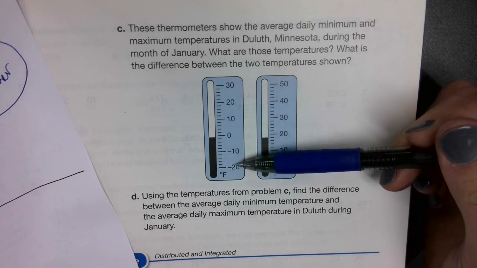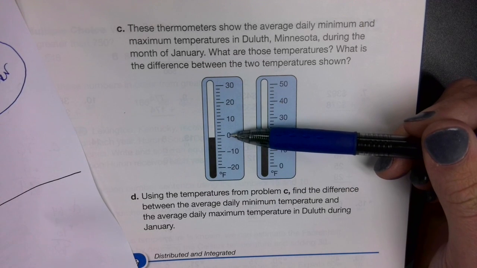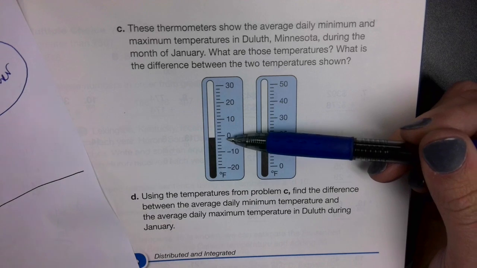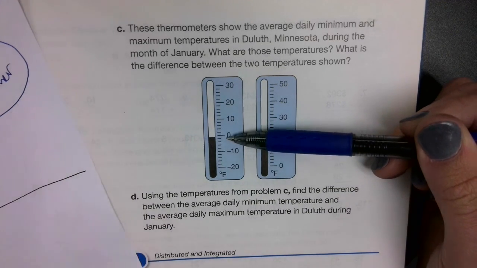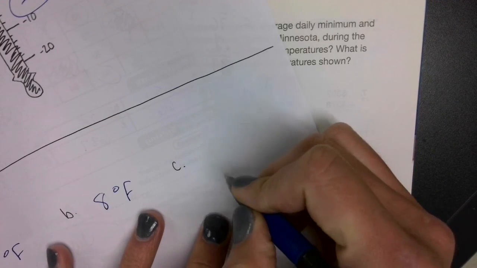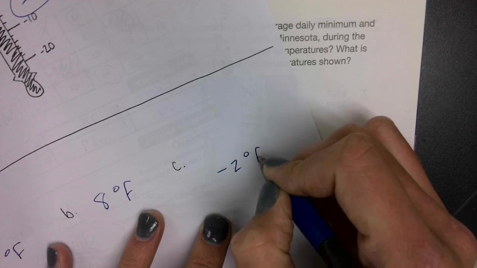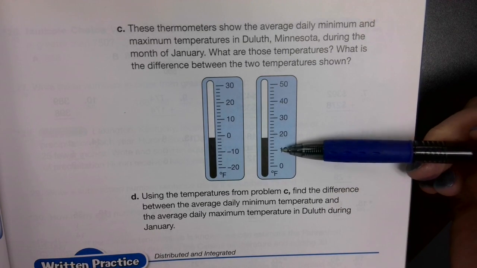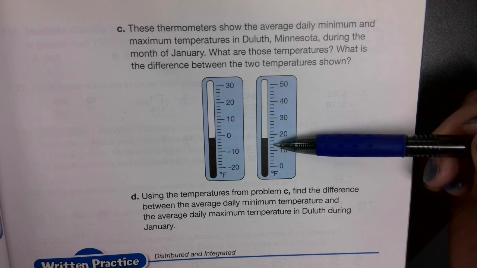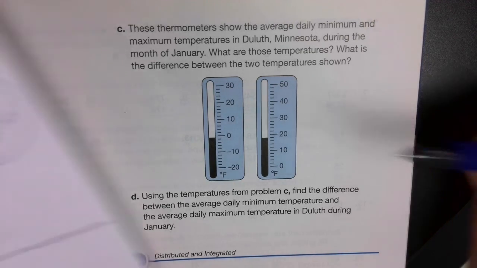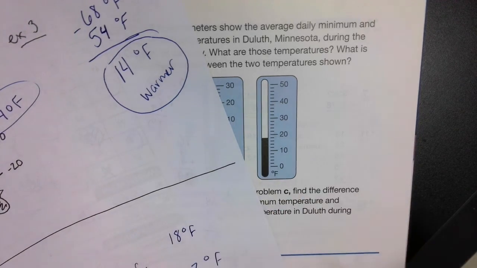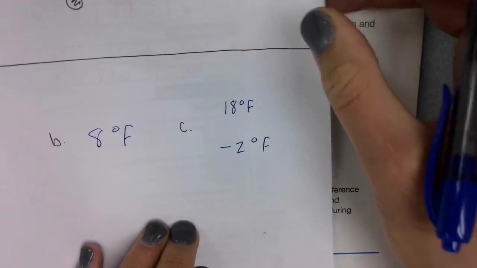Notice that we're below 0, so we need to start at 0 and then count in negative numbers. 0, negative 2. So we're at negative 2 here. Then we need to see how much here is here. So 10, 12, 14, 16, 18 degrees. All right? So we got 18 degrees and negative 2 degrees.